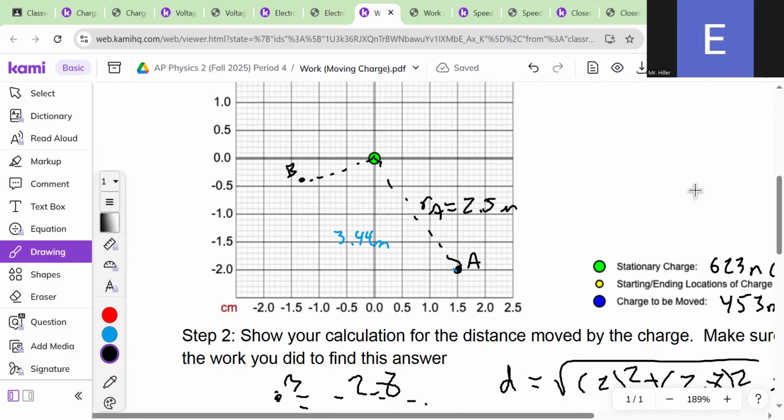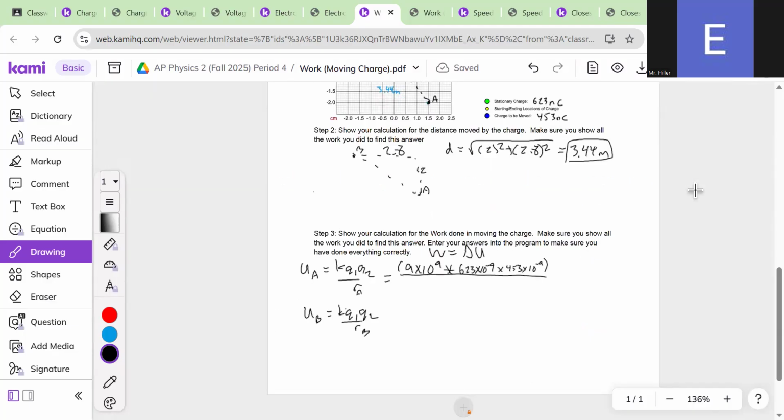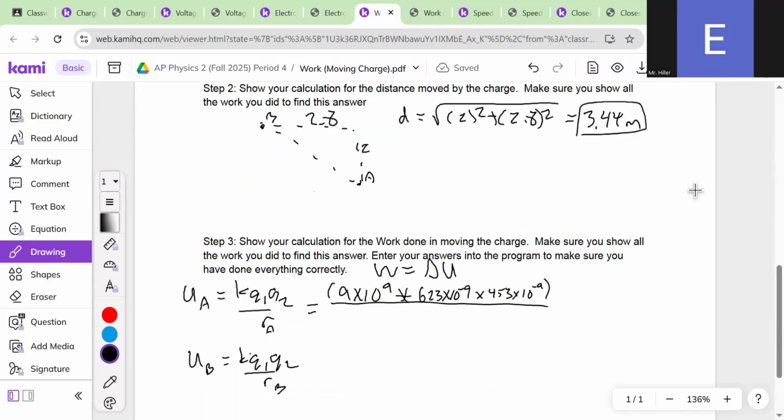Okay, RB, we've got to find that using Pythagorean theorem this way. So for that one, I'm going to go 1.3 squared plus 0.4 squared, and then square root that. So RB is about 1.36. Now my RA was 2.5.